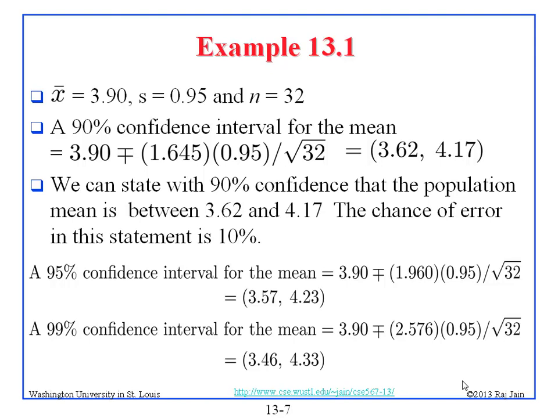The more surety you want, the bigger the width I have to give you. You understand? If I wanted to be just 10% sure, then I can be very sure that it is close to 3.90, maybe plus minus a little bit. All right. So as we increase the confidence level, the interval increases.